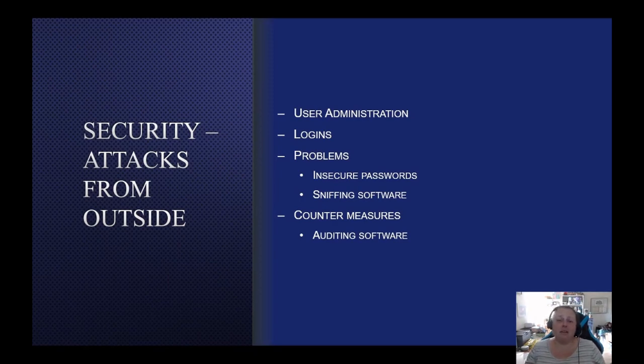You can keep an eye on these types of issues by using auditing software. Auditing software is going to run on your machine, monitor any activity, and report any suspicious activity back to your administrators. Now let's take a quick look at attacks from within.